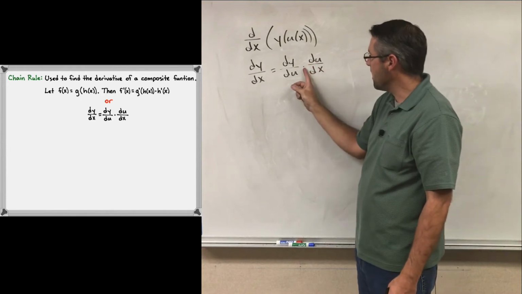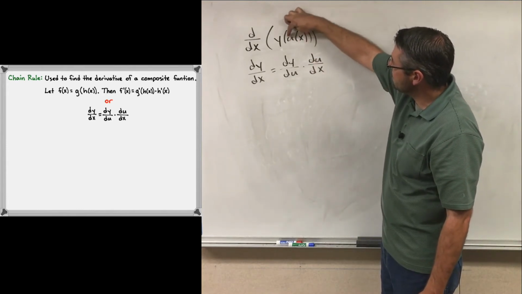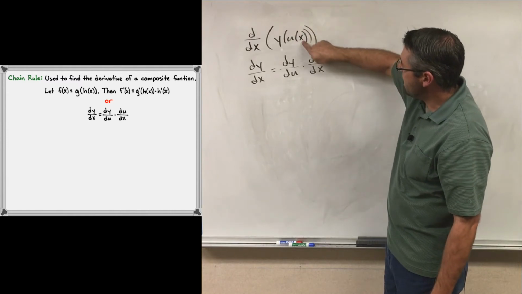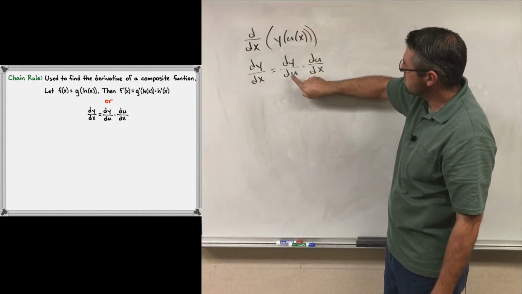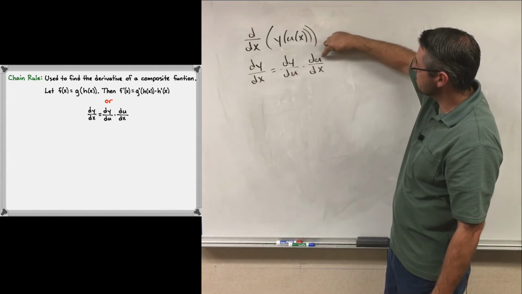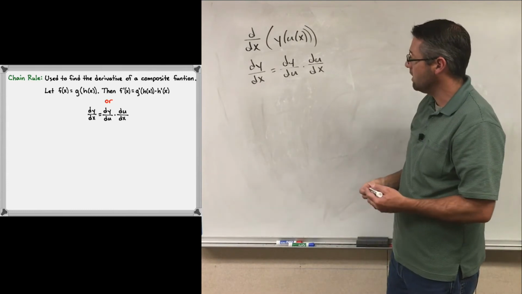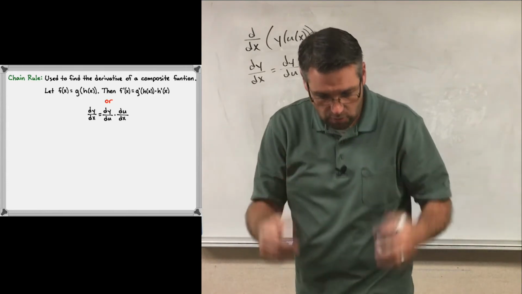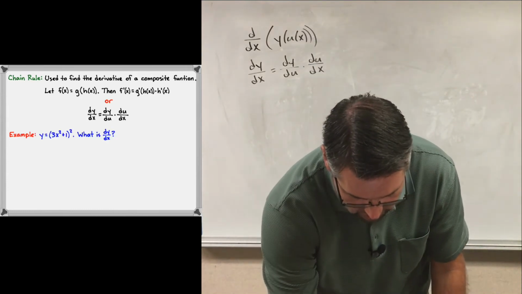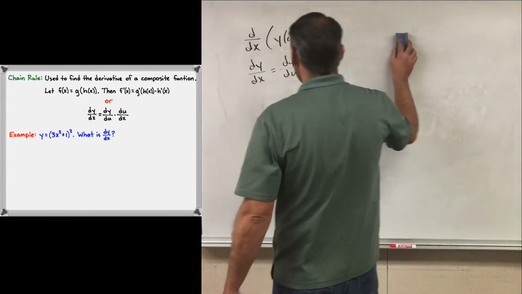Then multiply it by the derivative of the inside function in respect to x. So in this case, treat the inside function as a function in respect to the variable x. Okay? So that's kind of the meaning behind it, or the reason behind it. But let's go ahead and take a look at an example of this.